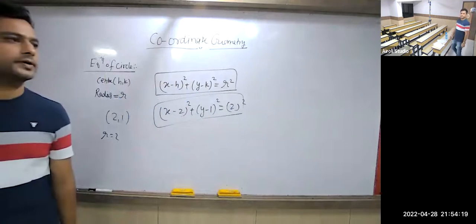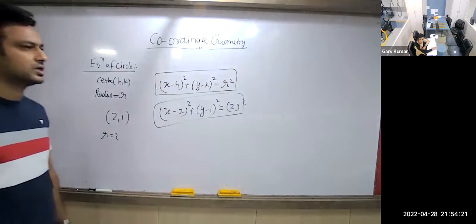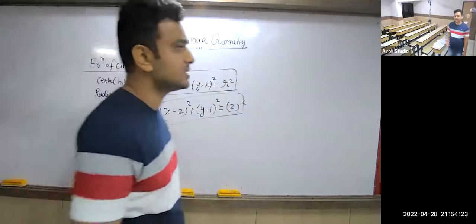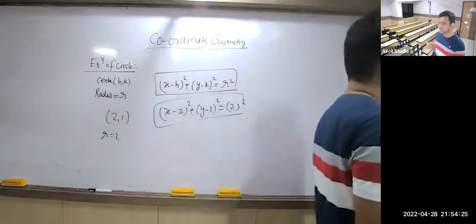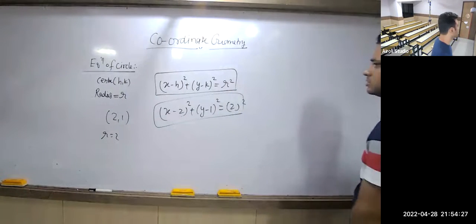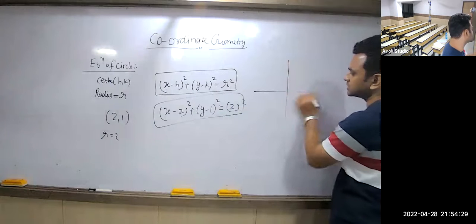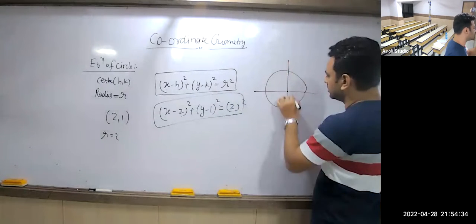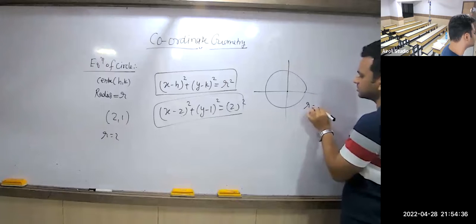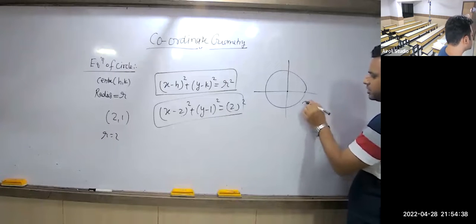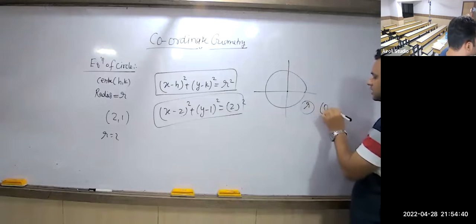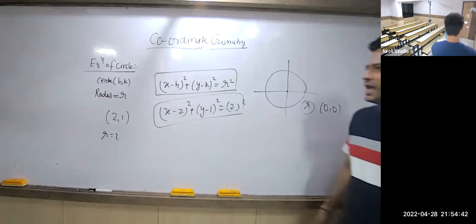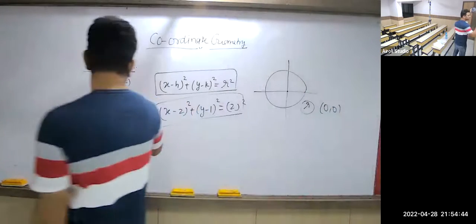Okay, clear? If in the specific case the center of the circle is the origin and the radius is given as r, then the h value and k value will become 0 and 0.